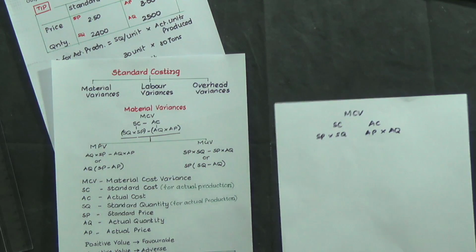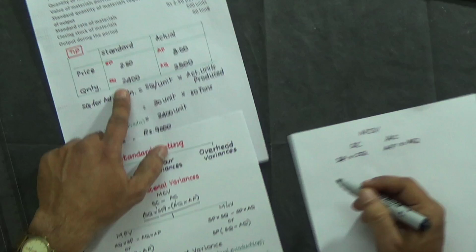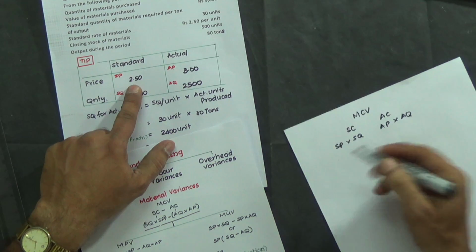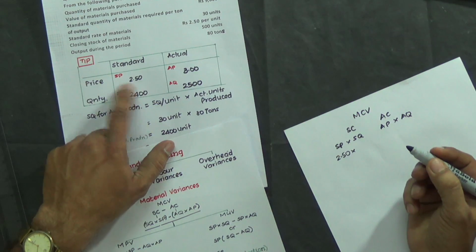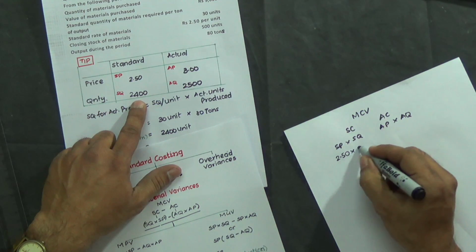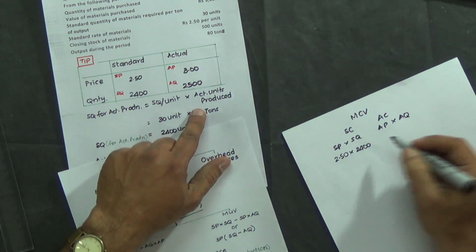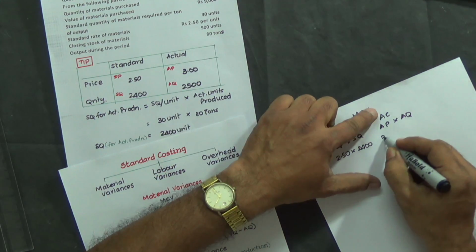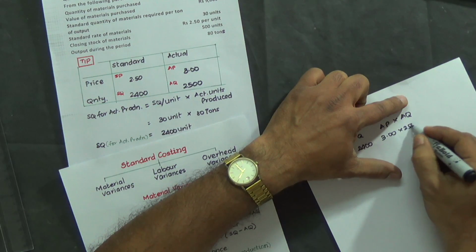Here, standard price given is 2 rupees 50 NP, standard quantity is 2400, actual price is 3 rupees, and actual quantity is 2500.